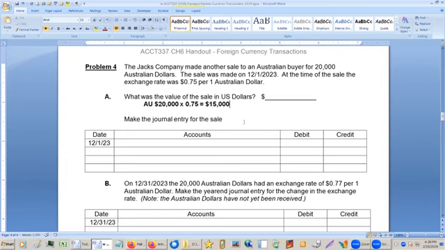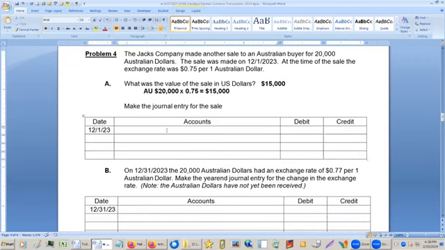Yeah, I think that's it. Okay, so this one we'd have our accounts receivable.